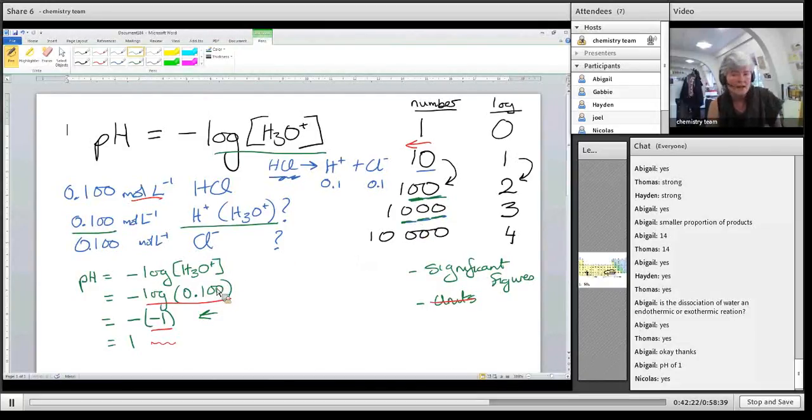So I strongly recommend that when you put in pH, to satisfy any examiner, because examiners vary with their opinions, you would put in 1 or 2 decimal places, not more than 2.